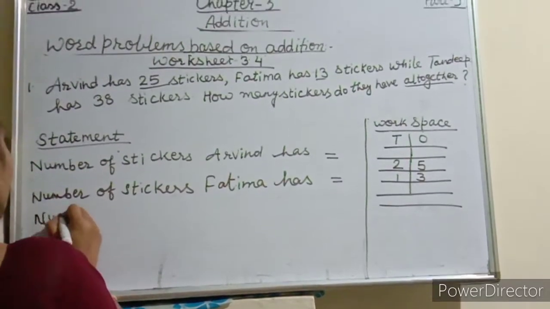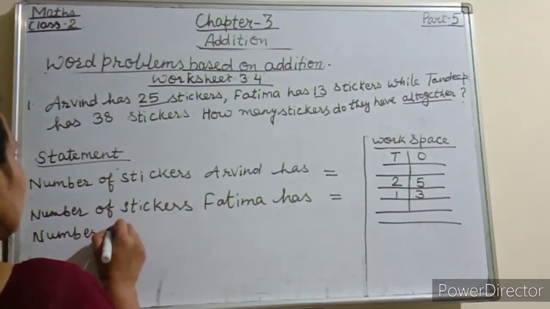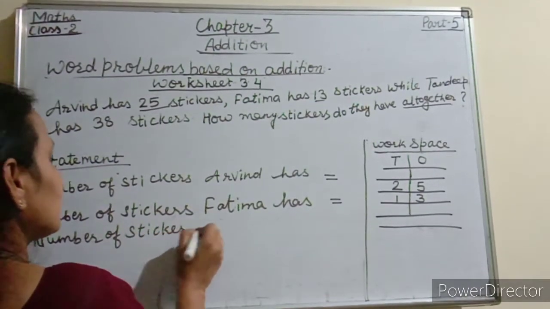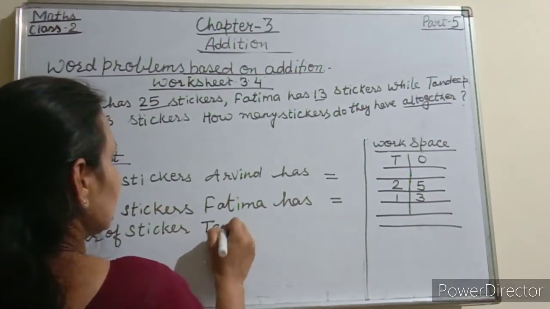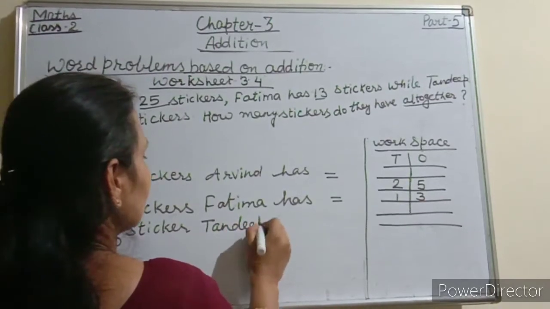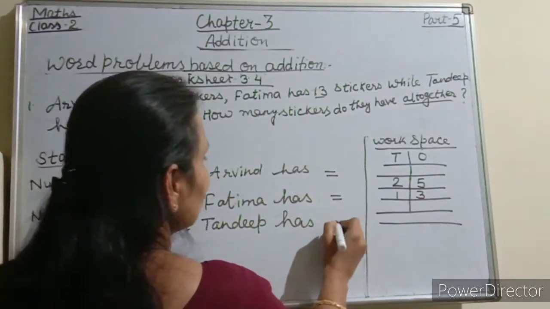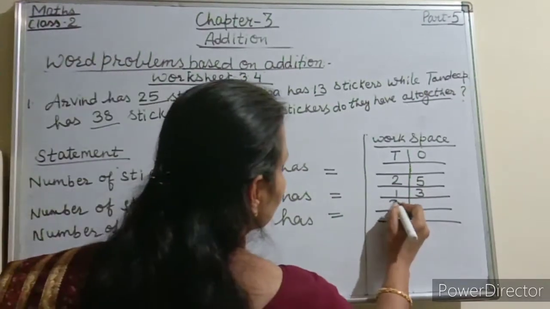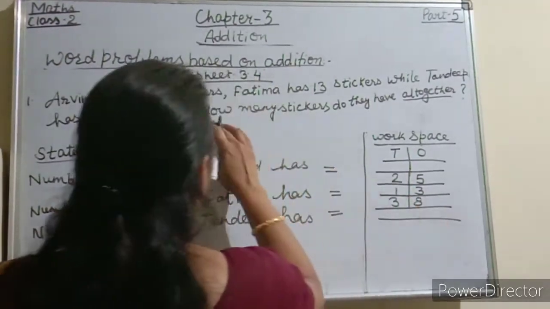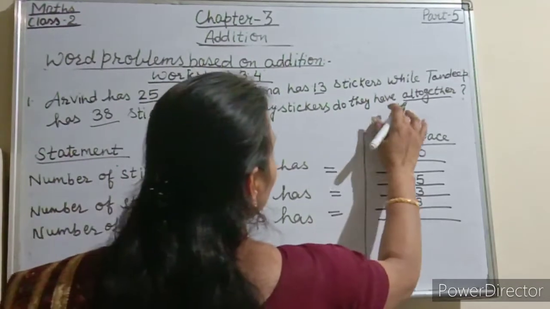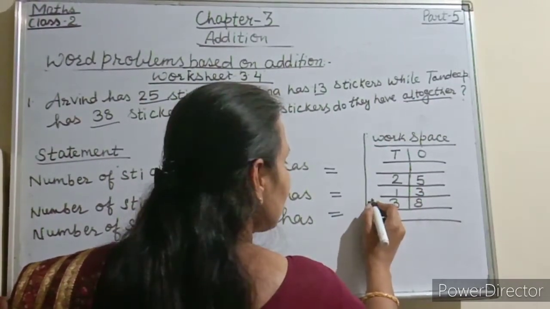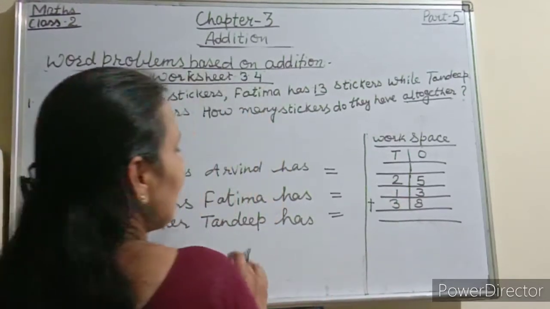So number of stickers Tanvi has is equals to 38. So how many stickers do they have all together? See, all together. What we will do? Here we will give addition sign and we will add.